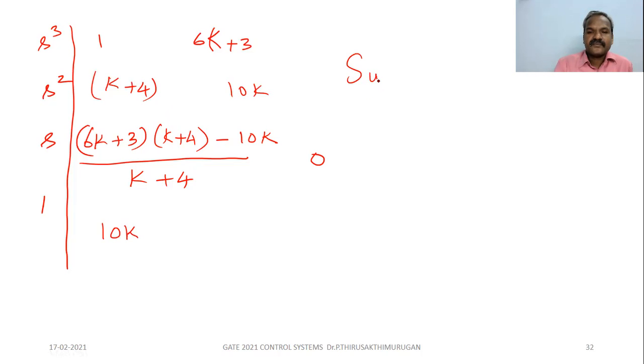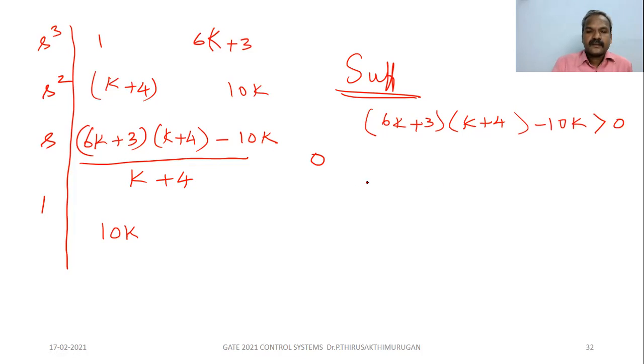Sufficient condition: this should be greater than 0, to make this element not 0. 6k plus 3 into k plus 4 minus 10k should be greater than 0.